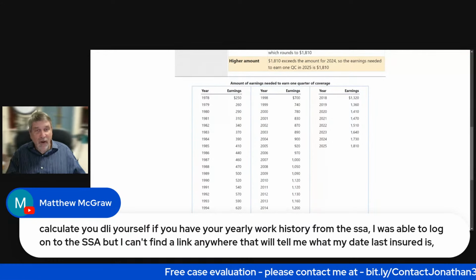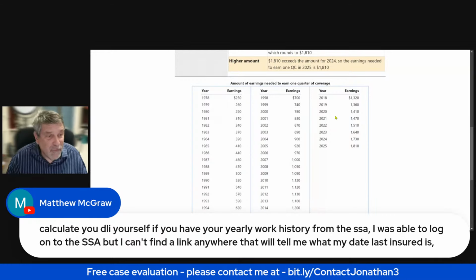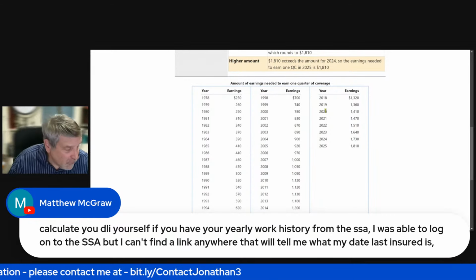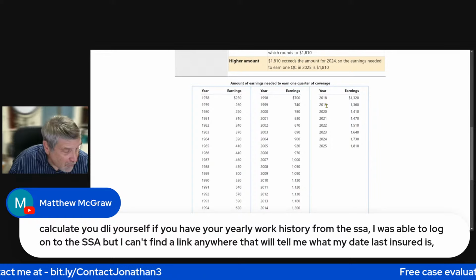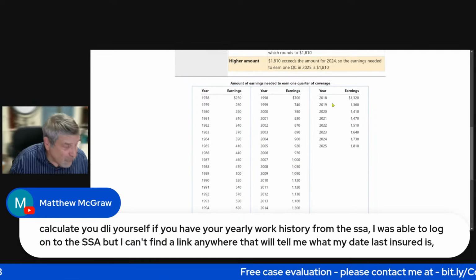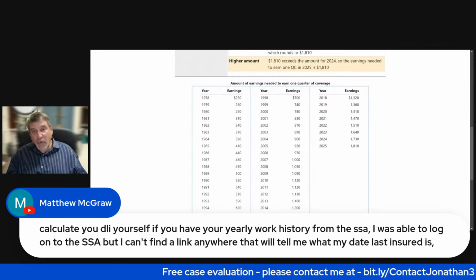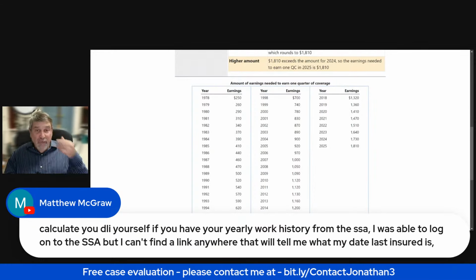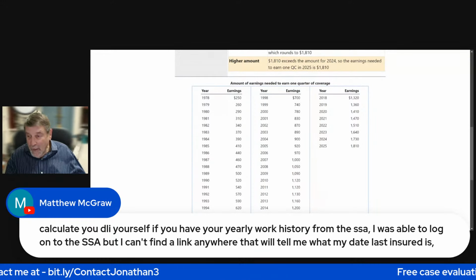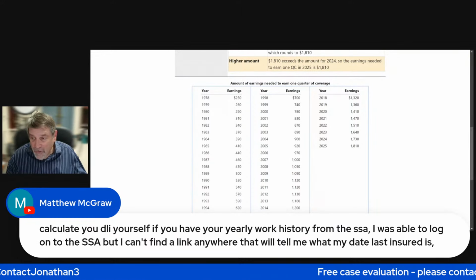So you can mark that down as a 4. In 2020, 1,410 gets you a quarter of coverage. So 1,410 times 4 is $5,640. So if you earned $5,640, you get all 4 quarters. If you earned $5,300, then you got 3 quarters of coverage. So you can go through and figure out if you've got enough quarters.